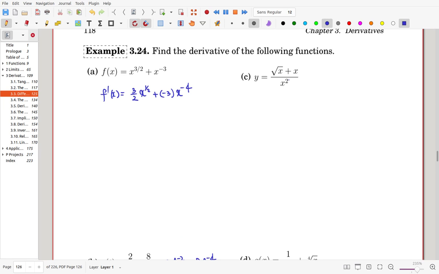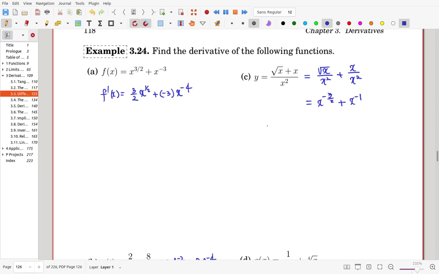For that one, you cannot get directly some reciprocal, so we have to separate it out. So it is square root of x divided by x squared plus x over x squared. Now that is the same as half power is 2, one half minus 2 is the same as x to the minus 3 over 2, and plus, now that is 1 minus 2, so x to the minus 1.